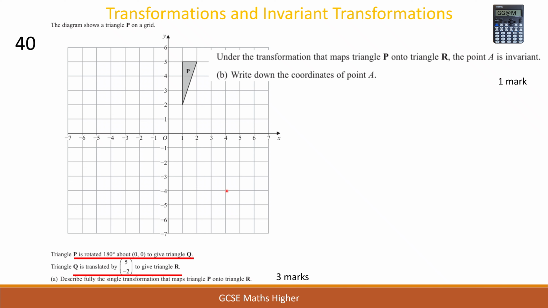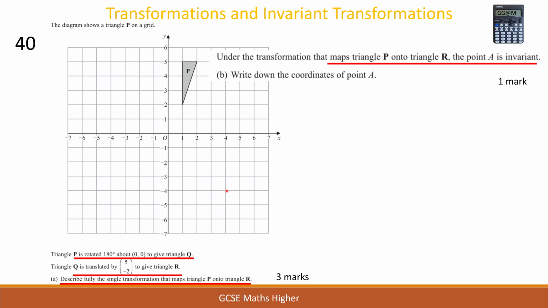Then you've got to describe how do you get from P to R in one single transformation. So what happens to get from P to R? Then you've got to map P onto triangle R, and the point A is invariant.